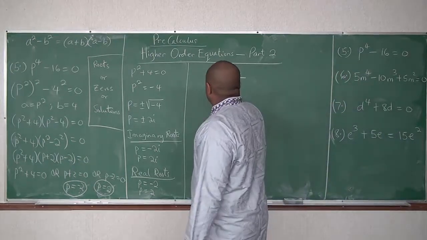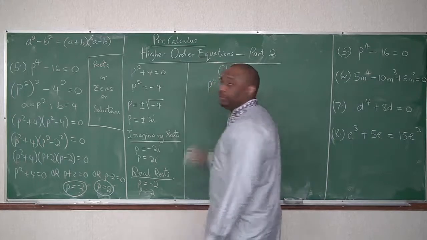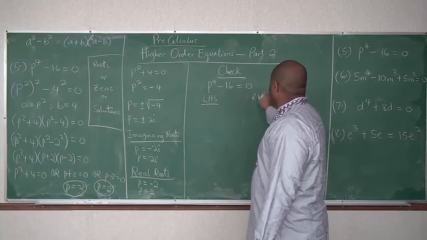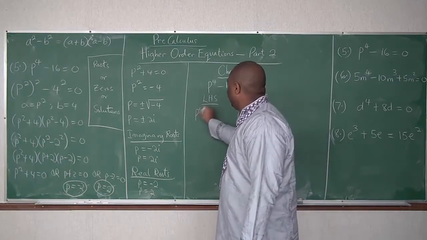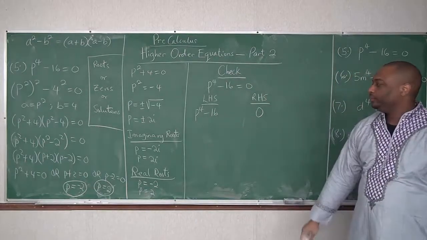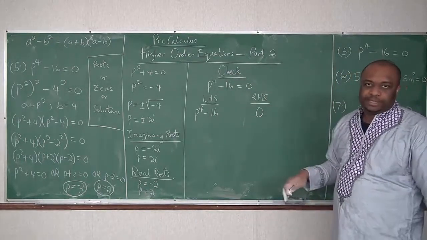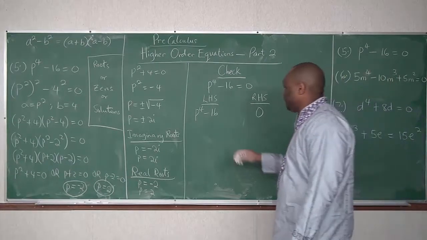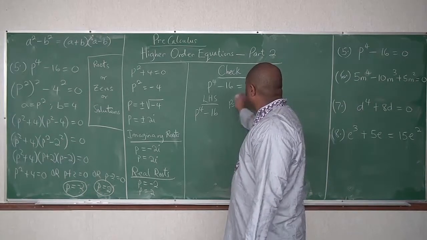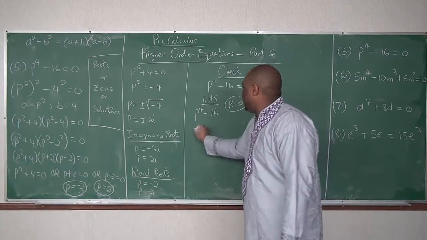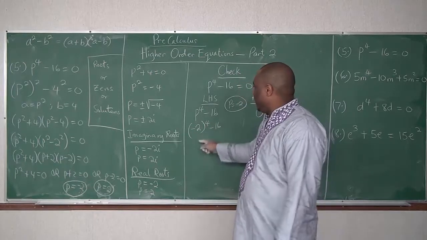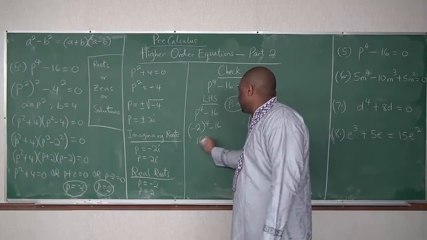You write the main equation, p to the power 4 minus 16 is 0. Left hand side is p raised to power 4 minus 16. Right hand side is 0. Let's check with the real roots first. If p is negative 2, we have negative 2 all raised to power 4 minus 16, which gives you 16 minus 16.